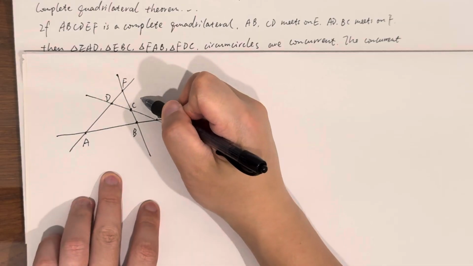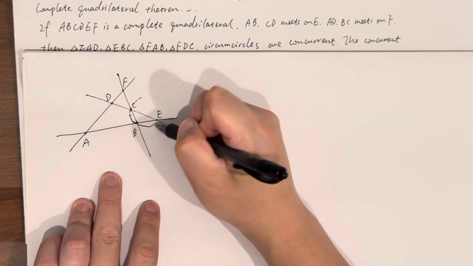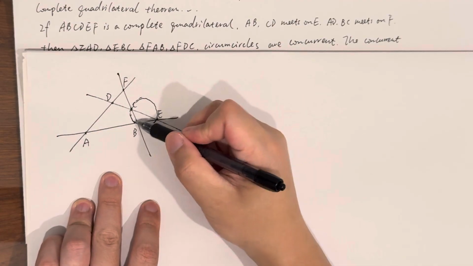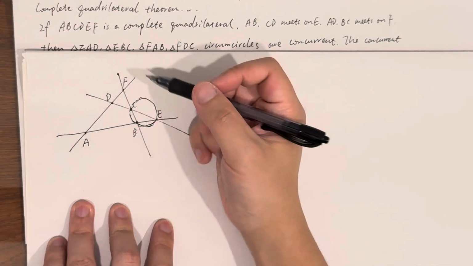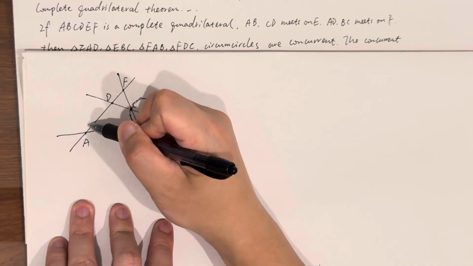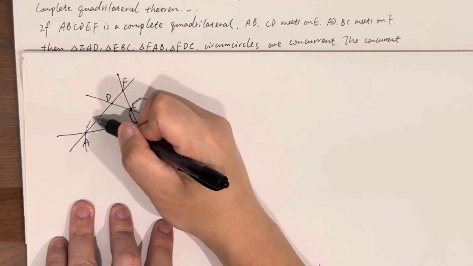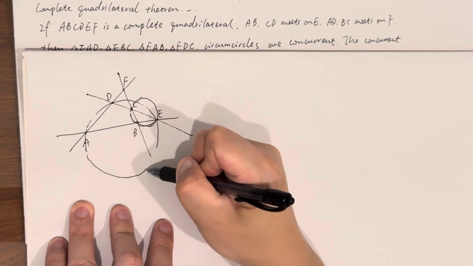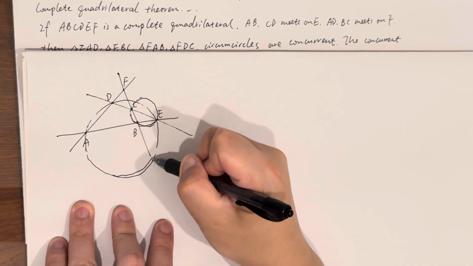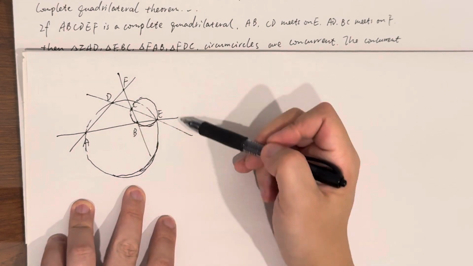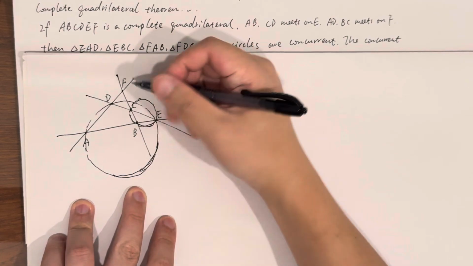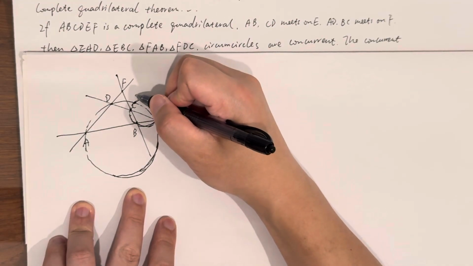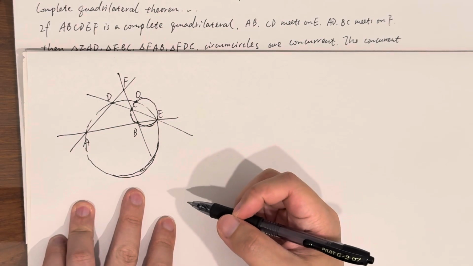Let's think about the first case, where we have the circumcircle here for triangle BCE, and we also have the circumcircle of triangle EDA, which has an intersection point here. Let's call it O.